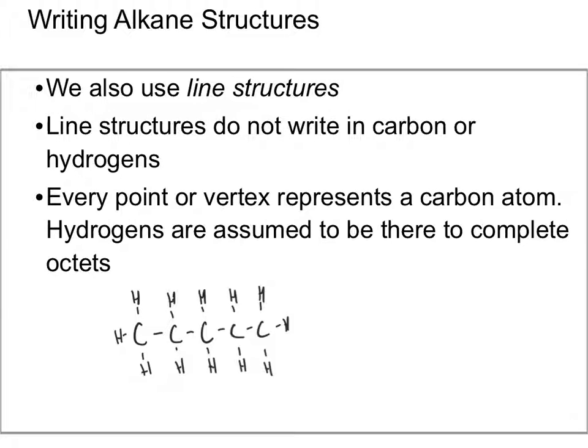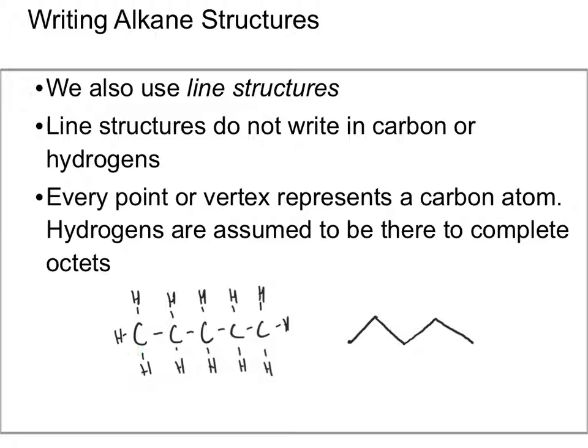If we're drawing the line structure of pentane, we're going to draw our carbons as points or vertices. And so when we first touch our pencil to our paper, that point is our first carbon atom. We draw up to our second carbon atom, and then we continue in the zigzag shape until we've drawn all 5. 3, 4 carbon atoms, 5 carbon atoms. And so again, each carbon atom is represented by a vertex.